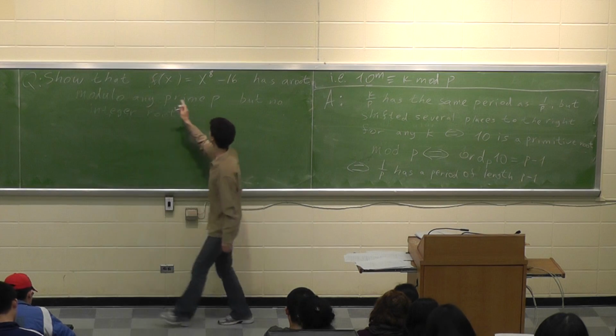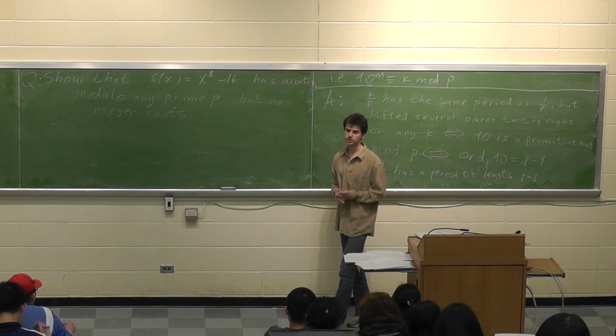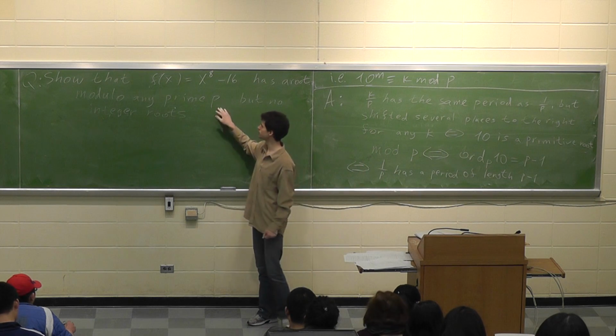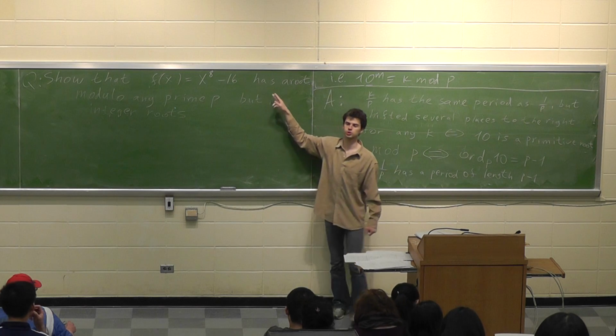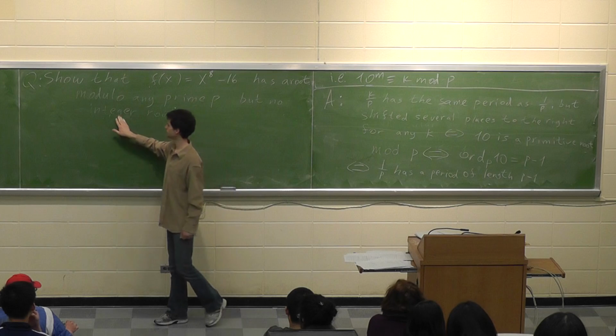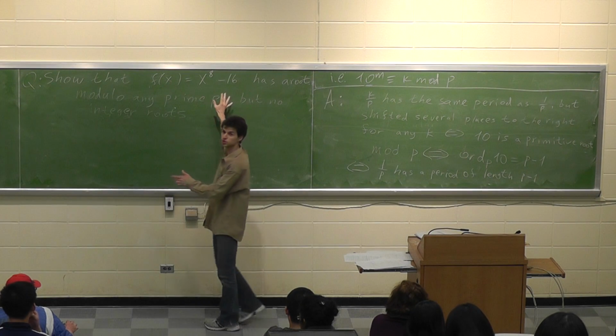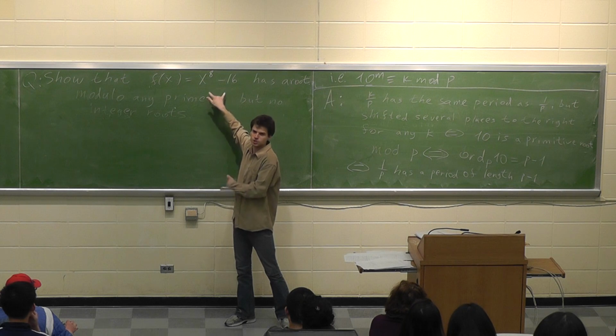So here's the polynomial x to the power 8 minus 16. And the question is, show that modulo any prime p the congruence x to the power 8 is congruent to 16 modulo p does have a solution, but this solution doesn't appear because the original congruence has an integer solution. No, not at all. This congruence in integers is just not solvable.